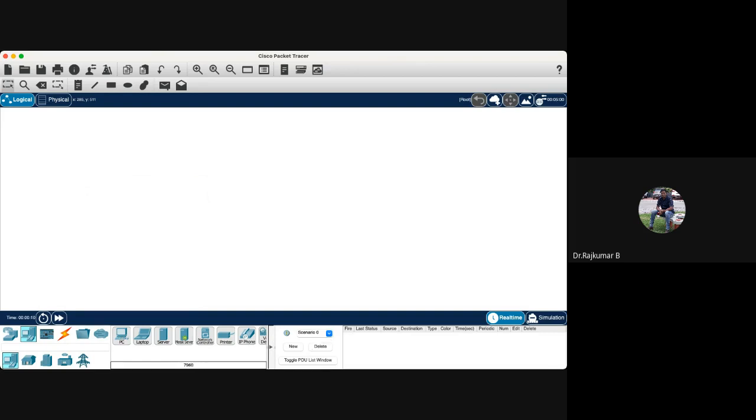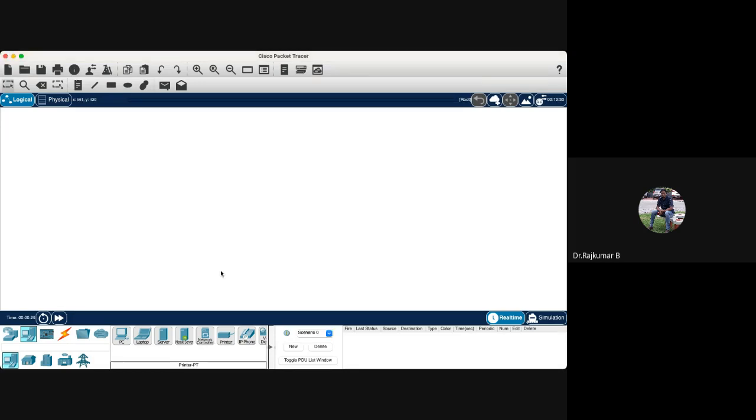PC is there, laptop, server, the mail servers or network controllers, printers, different kinds of devices that you can identify here.